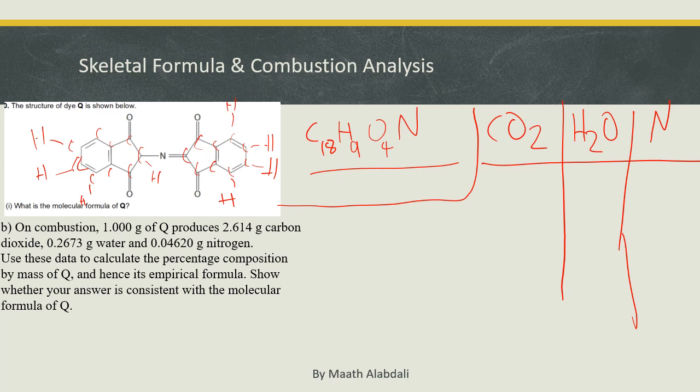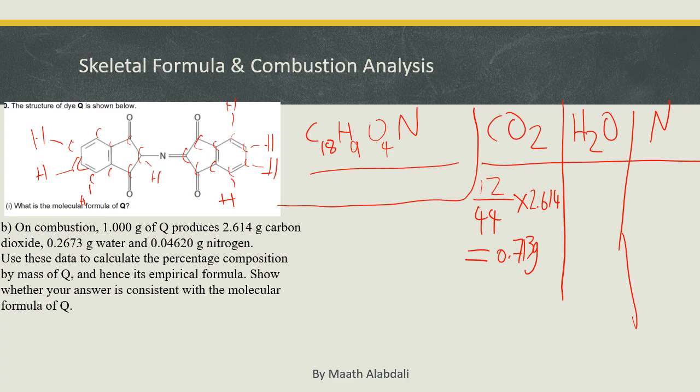Find the Ar of carbon on the periodic table, which is 12, and then the Mr of carbon dioxide, which is 12 plus 16 plus 16, which is 44. Then you multiply this by the mass of carbon dioxide, which is 2.614, and that should give you a mass of 0.713 grams.